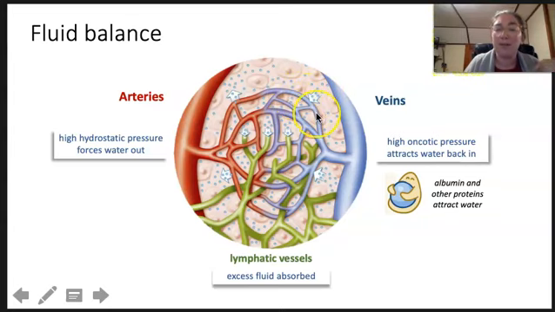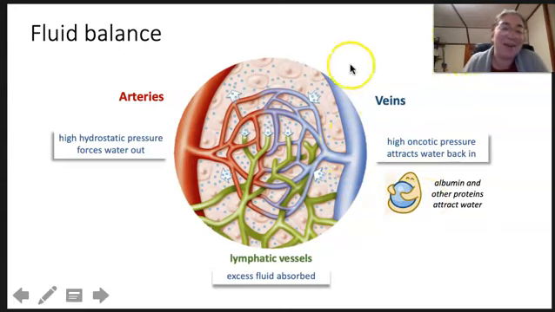The solutes, the things dissolved in blood that attract water, are things like salts and blood proteins, namely albumin. I thought this was a cute little cartoon drawing of an albumin protein hugging a water droplet because he loves it so much.